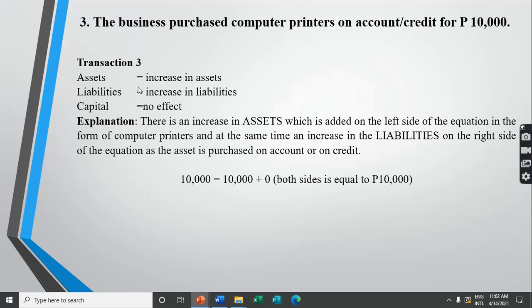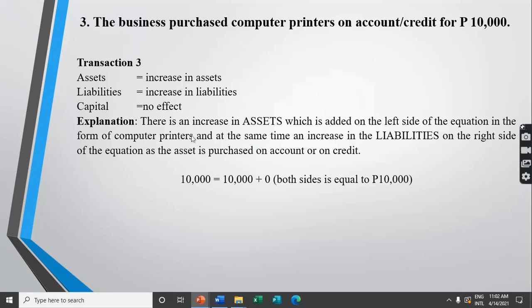So, ang effect ng transaction sa accounting equation is yung asset mo nag-increase kasi may nadagdag na computer printers. Okay? And then, yung liabilities mo nag-increase din kasi inutang mo yung computer printers which worth 10,000. Okay? Sa capital, walang effect kasi hindi mo naman siya in-invest.